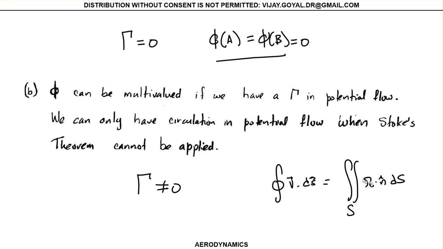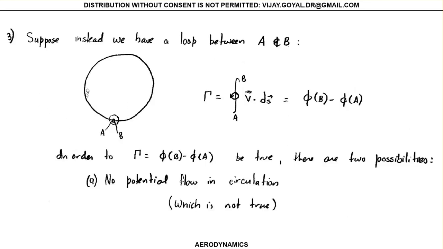So we are saying that it's not possible to apply. You cannot apply that if it's multivariate. You can have more than one value of your function at the same point, because as you can see, if this point had multiple values, then this will never be zero.